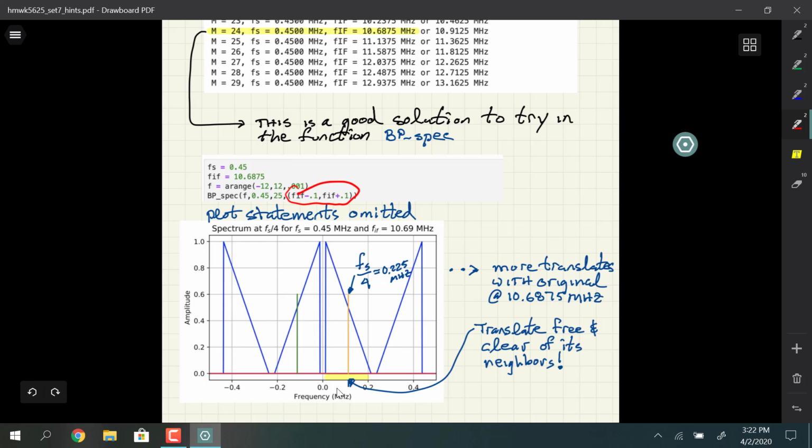I'm saying that my bandpass signal, if I go way up here and plot what it looks like, is going to be sitting somewhere up in here, and the center of it is going to be at 10.6875, and then I'm saying the bandwidth of that signal runs from 0.1 megahertz below to 0.1 megahertz above, so that defines the bandpass spectrum. And then for plotting purposes, I'm just setting 25 translates to plot, and that's how many images I make it create.